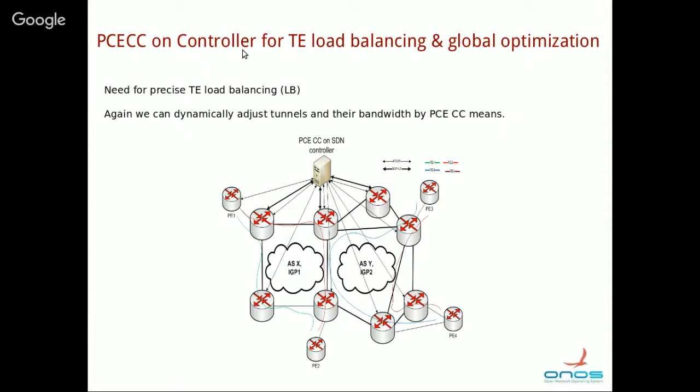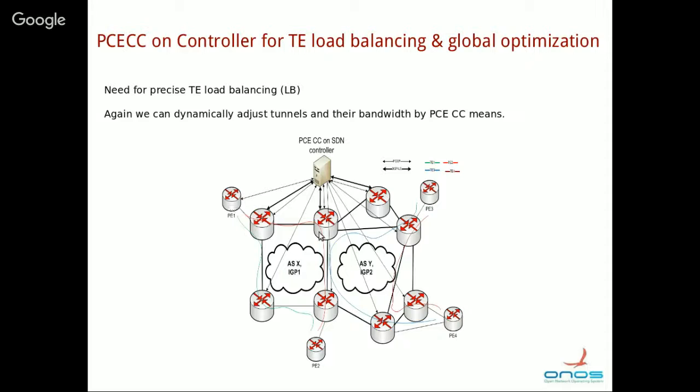Some of the use cases which customers or network service providers are requesting: one is load balancing, and they also look at the key parameter of global optimization using PCECC as a controller. So one of the key things is load balancing. For example, a tunnel is created between these two PEs, PE1 to PE2.